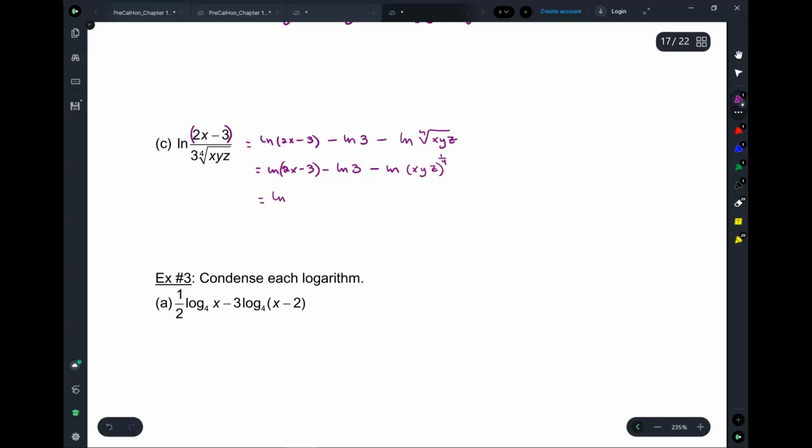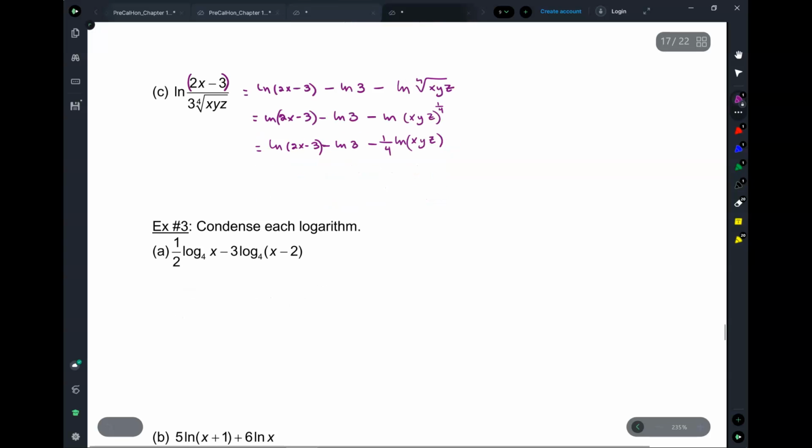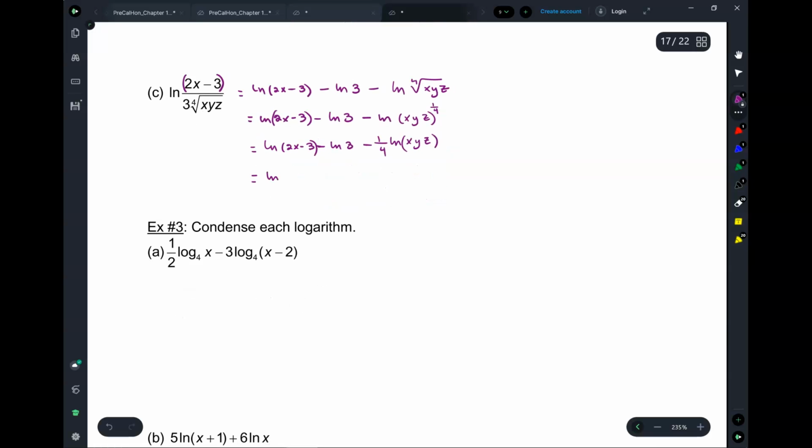It comes down, right? So ln of 2x minus 3, ln of 3, minus 1/4 ln xyz. Are we done? No. You've got to expand the ln.